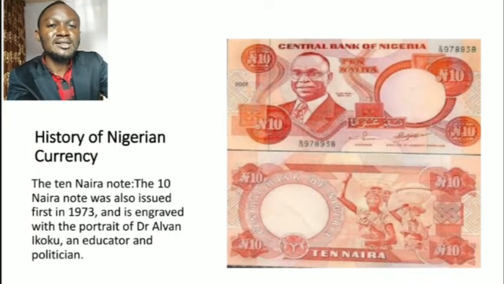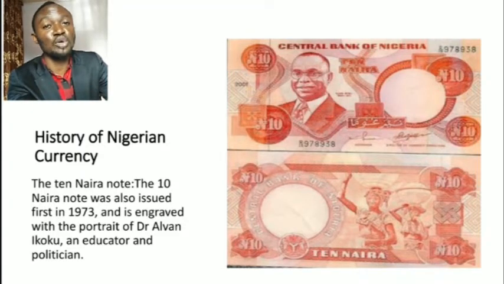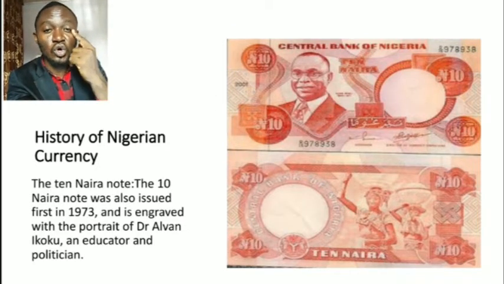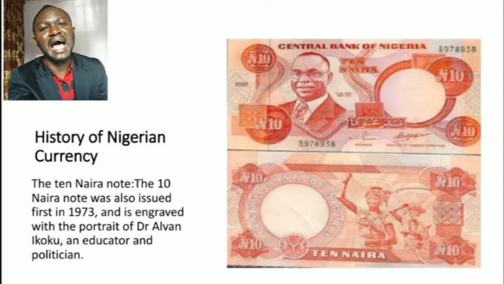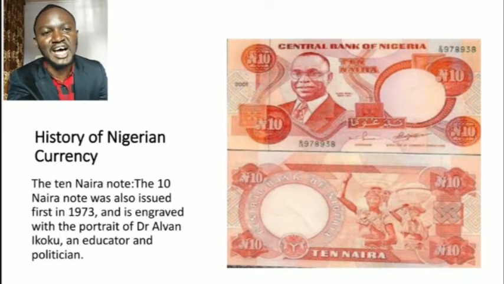The next currency that was introduced, in form of one of the denominations of Nigeria's currency, is the 10 Naira notes, and it was issued in 1973. And we have the portrait of Dr. Alvan Ikoku, who was a renowned educator and politician.